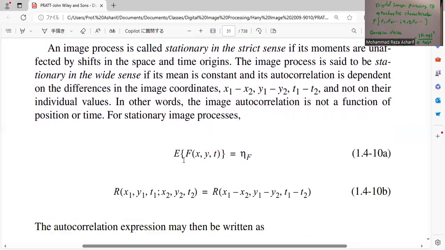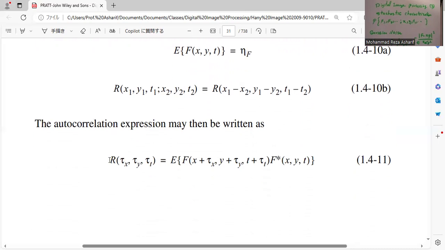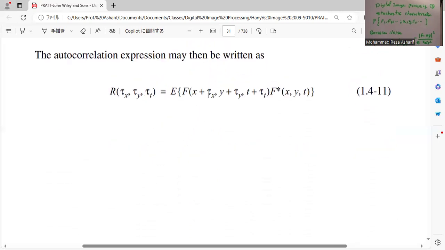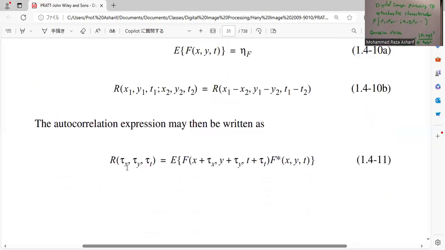So we have the expected value of f is eta f, and the autocorrelation R is a function of x1 minus x2, y1 minus y2. And the autocorrelation expression is written as this one because it is related to the difference.